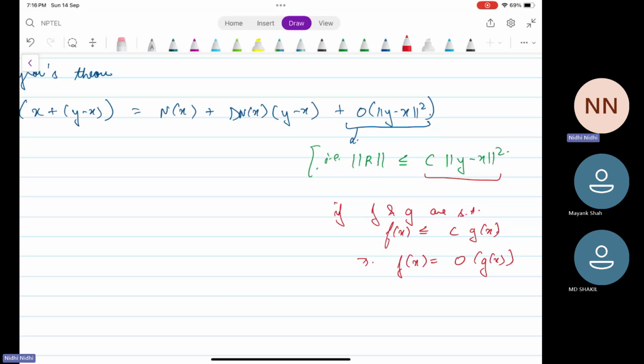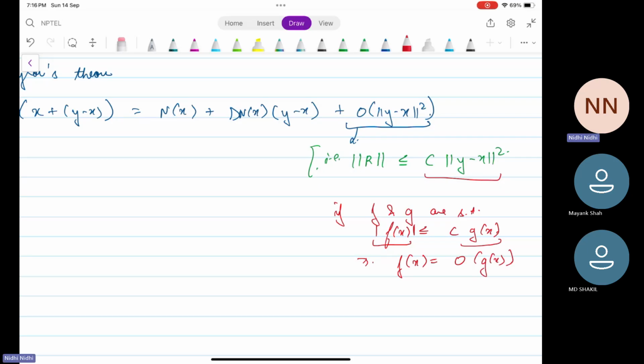So this big O basically tells you that the growth of the function f is lesser than g(x). For some positive functions, its modulus is less than c times g(x).